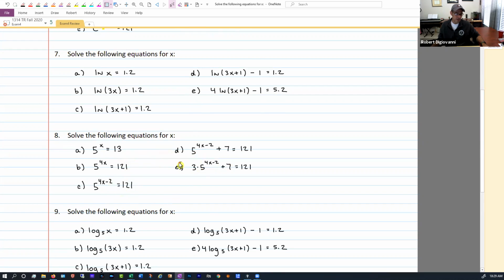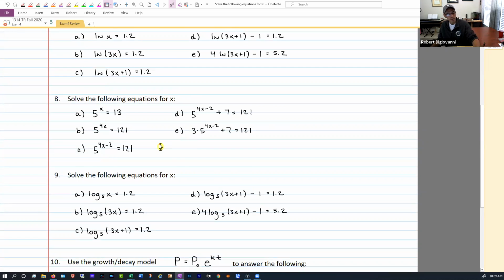And then here, this was last class also, we're trying to kill off the 5 to the x, but we can't use the natural log, we have to use the log base 5 to kill it. And then you have to use that change of base formula that I gave you last class. That formula is going to be necessary for this.